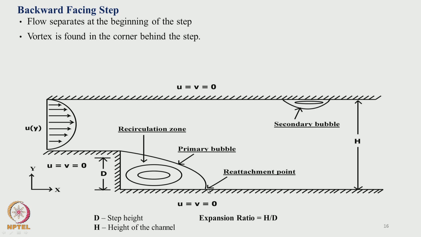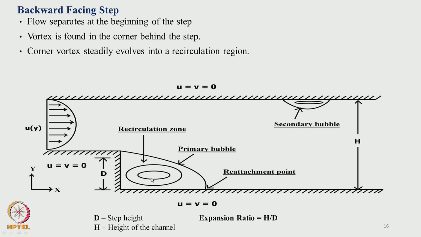The recirculation zone length depends on the Reynolds number and the flow condition. Similarly, you also observe there is a secondary bubble on the top wall, and the location and size of the bubble depend on the Reynolds number or any other flow condition. There is also another characteristic, known as the expansion ratio, which is nothing but the channel height to the step height, and that also decides some flow parameters.